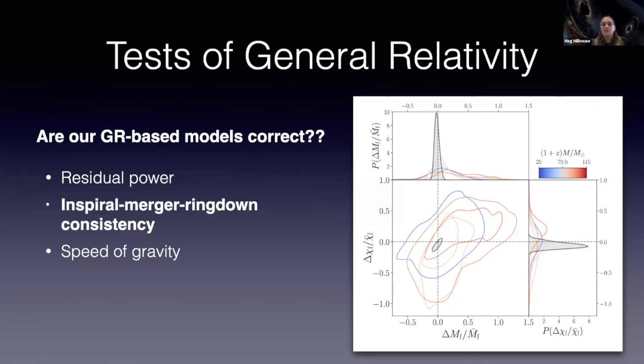We then test if these results are compatible with each other. And again, so far our models seem good, seem consistent with GR. The estimated difference between these final masses and spins is right around 0.